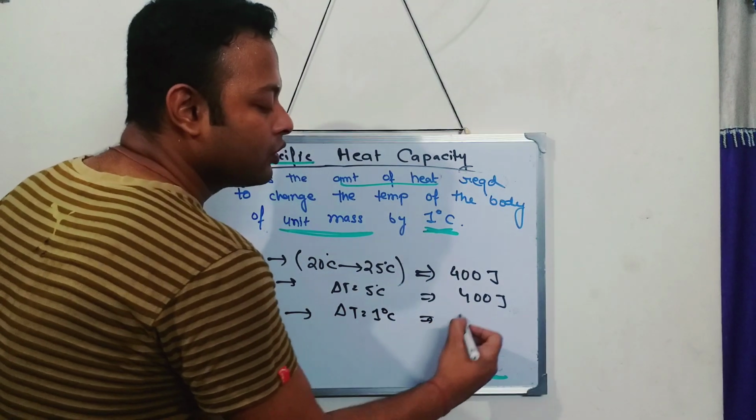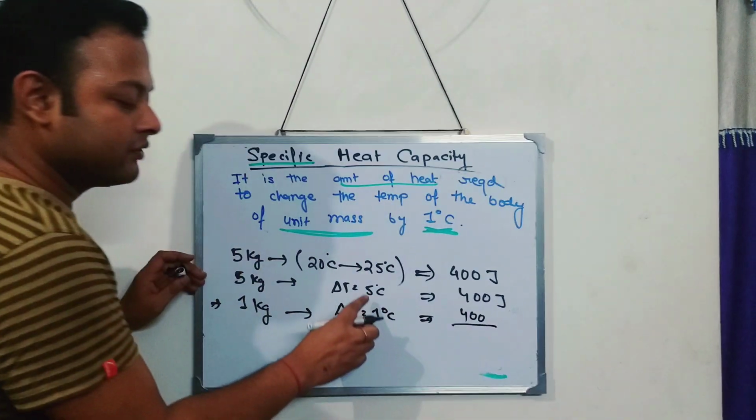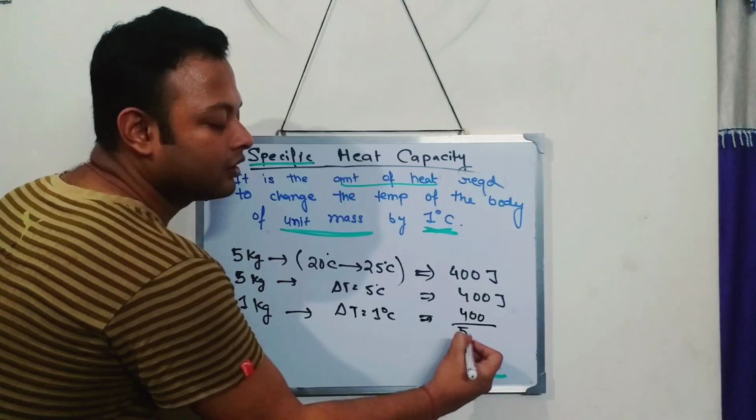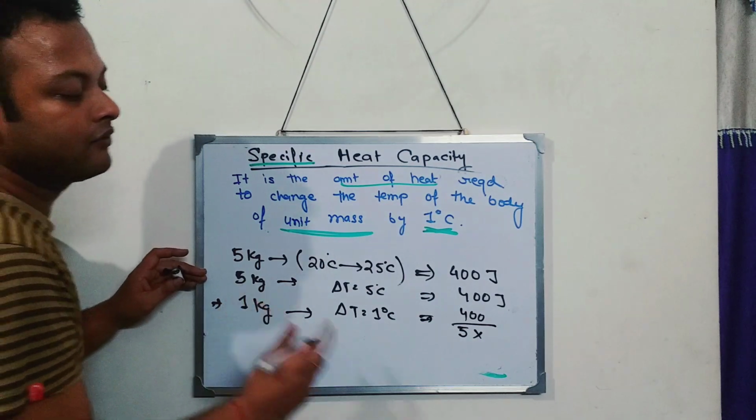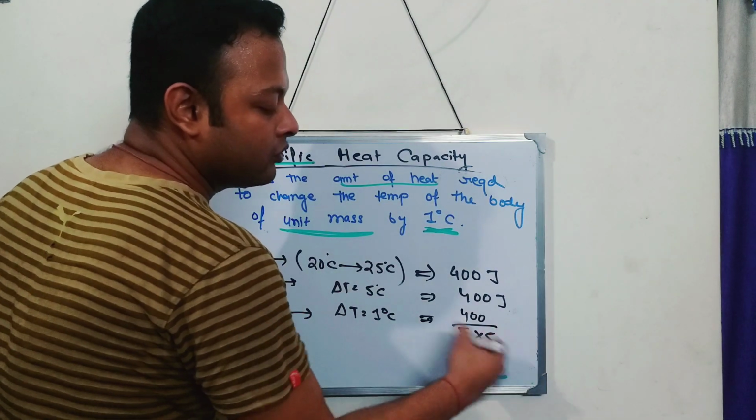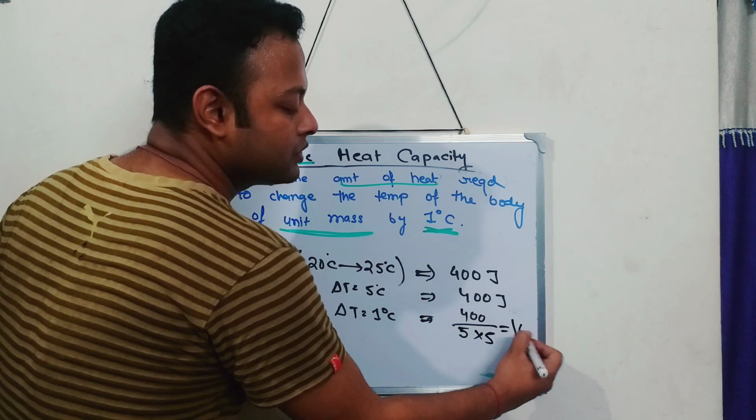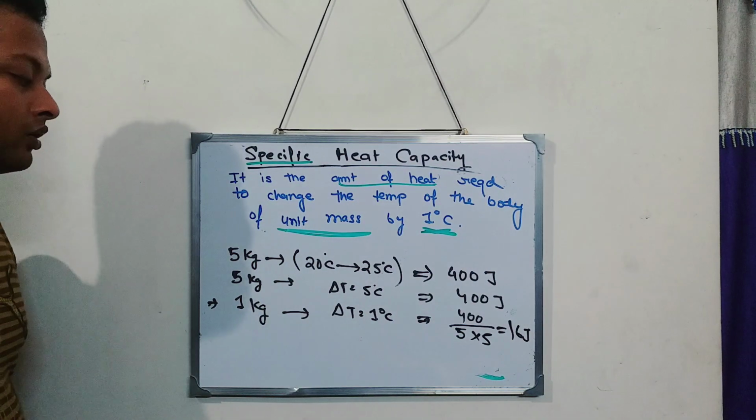So 400 joule gets divided by 5 for this and also divided by 5 for this. If you solve the whole thing, it becomes 16 joule.